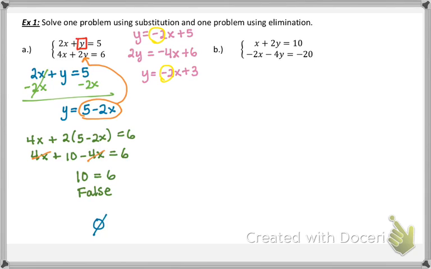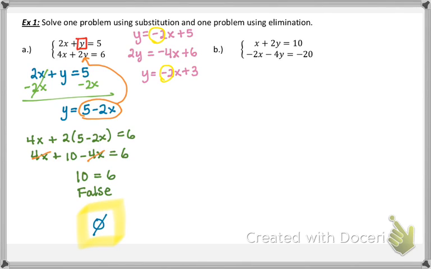And we know that parallel lines have the same slope. So if you're graphing, you'll rearrange to slope-intercept form, and if you see the same slope but different y-intercepts, you know they're going to be parallel lines that will never intersect, and so there's no solution.